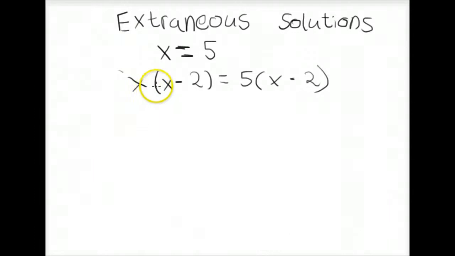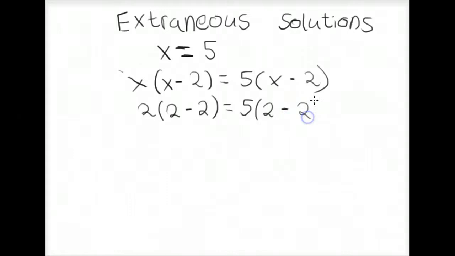Now let's say we plugged in 2 for x, and we said 2 times 2 minus 2 equals 5 times 2 minus 2. Now, multiplying this out, this would be 0 equals 0.